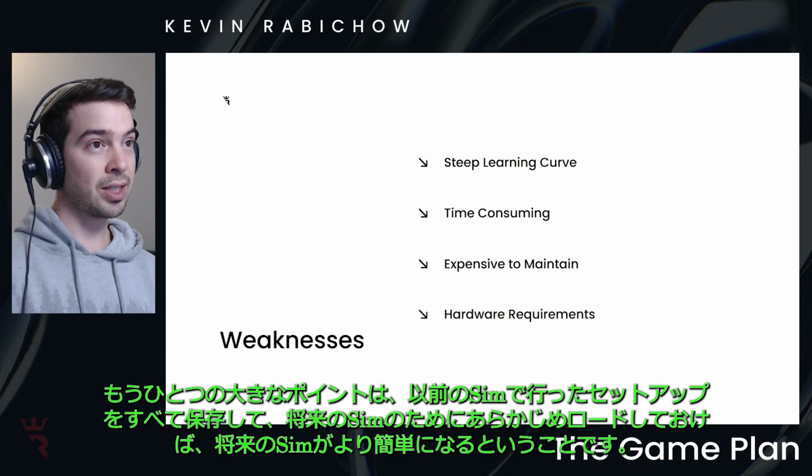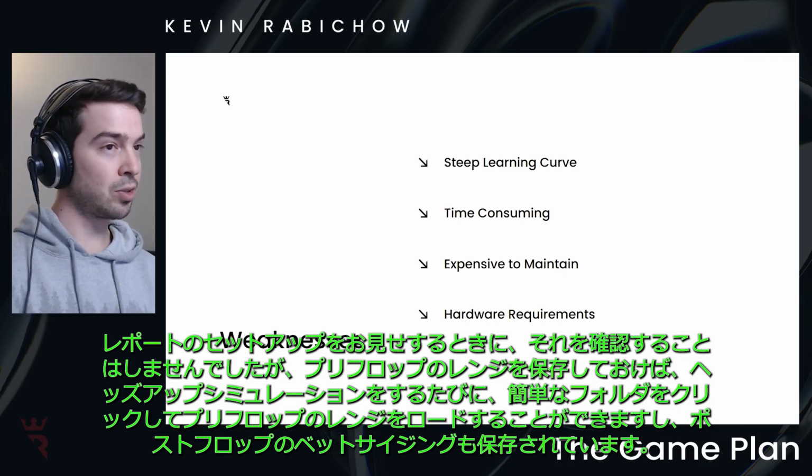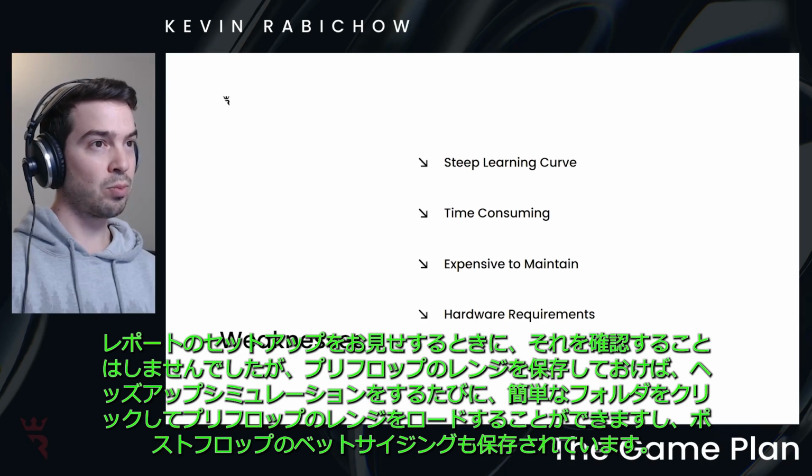But another big thing is, as you're going, save a whole lot of setup that you've done on previous sims so that you can preload it for future sims and make those future sims easier for you. So I didn't go through it when I was showing you that report setup, but I've got my preflop ranges saved so that every time I want to do a heads up sim, I can click through an easy folder to load those preflop ranges.